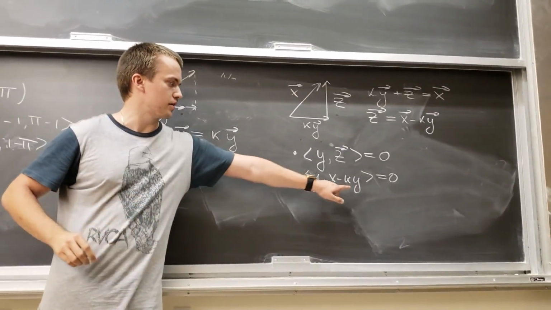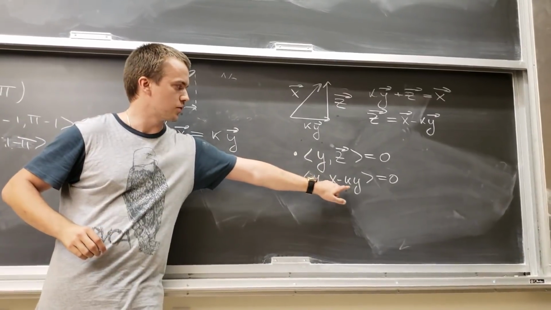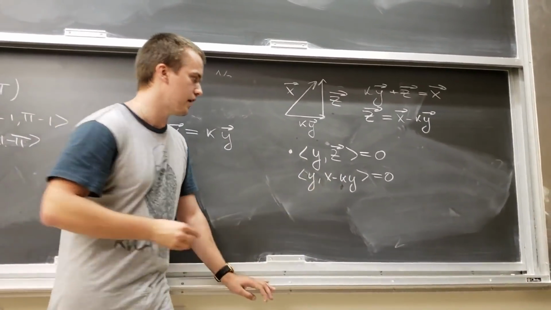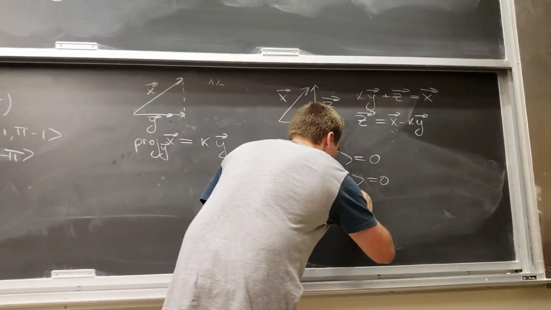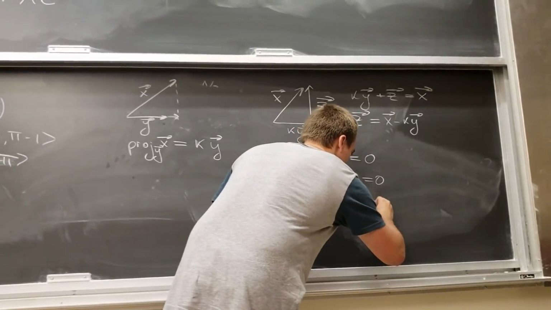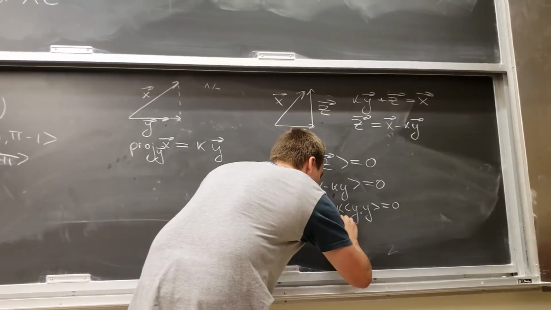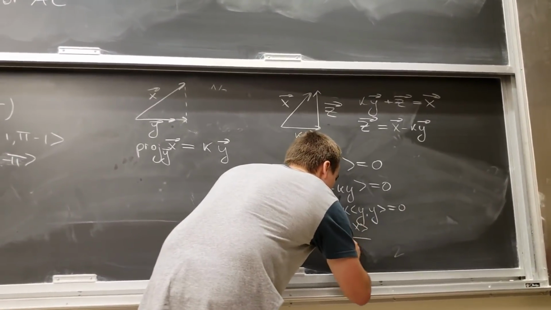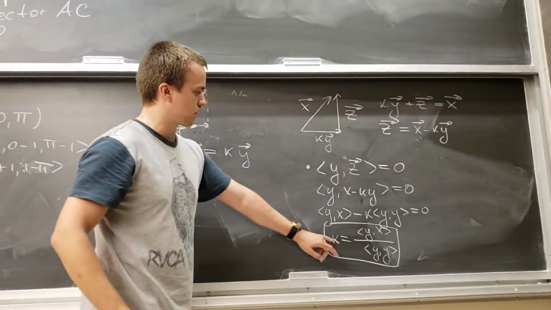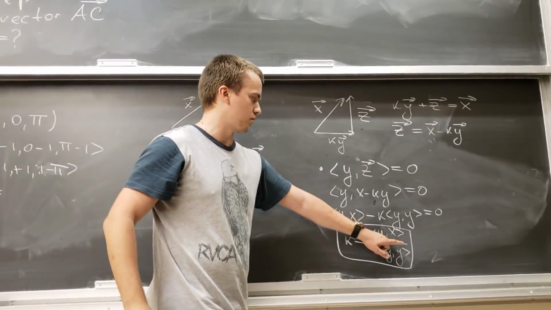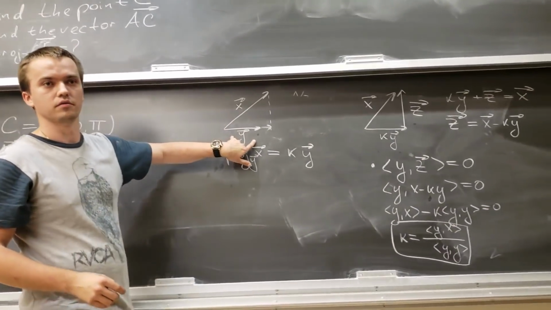And from here we can solve for k. We get (y, x) minus k times the dot product of y with y equals 0, so k equals (y, x) over (y, y). So our constant k is just the dot product of y and x over the dot product of y with itself.